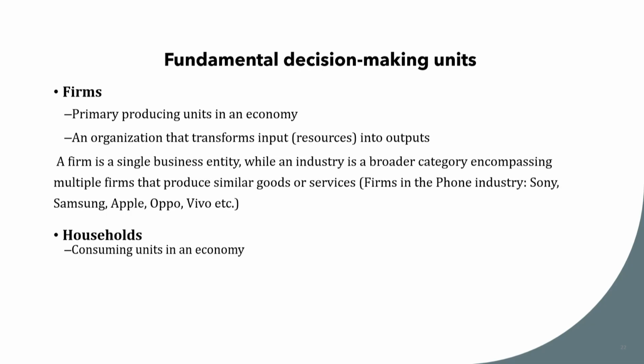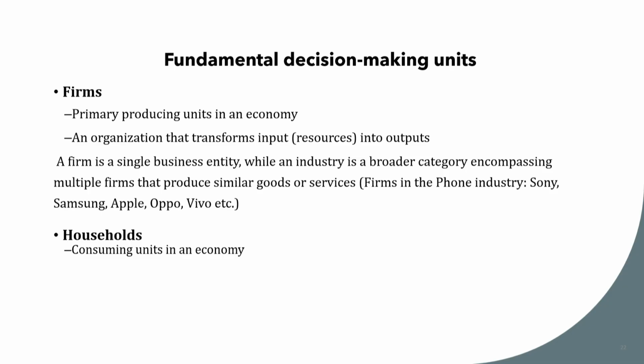Let me now move to some of the fundamental decision-making units in an economy. Mainly there are two economic agents: one is called firms and the other is called households. Firms are the primary producing units in an economy, an organization that transforms input into output.